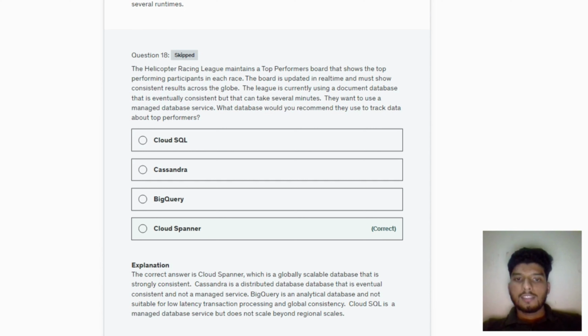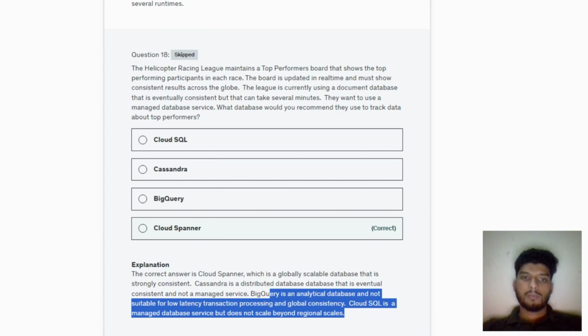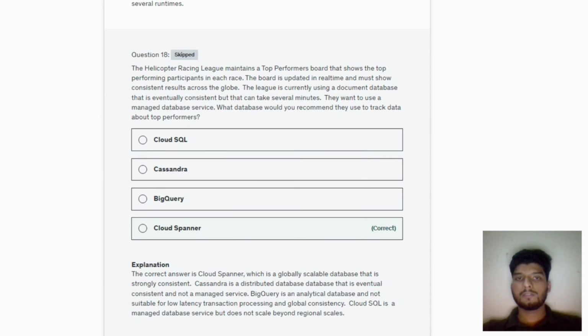Cassandra is a distributed database that is eventually consistent and not a managed service. BigQuery is an analytics database, not as suitable for low-latency transaction processing and global consistency. Cloud SQL is a managed database service but does not scale beyond regional scales.